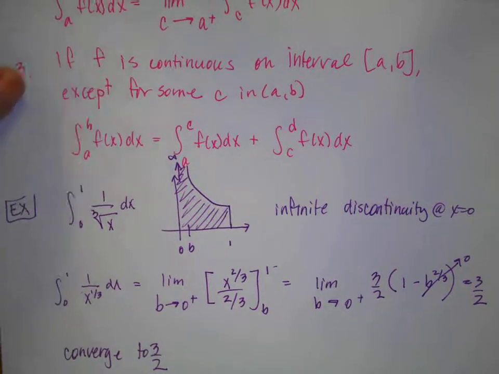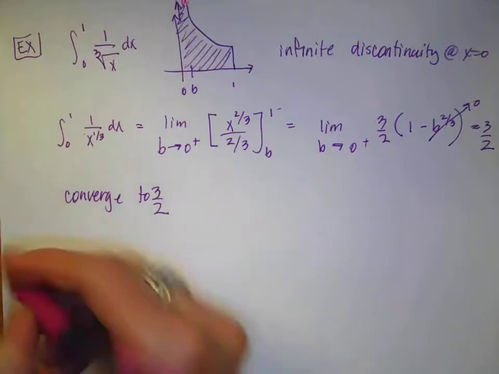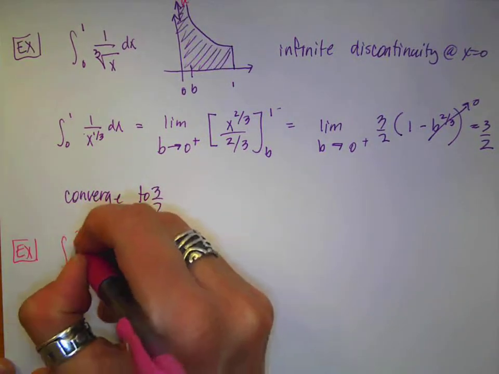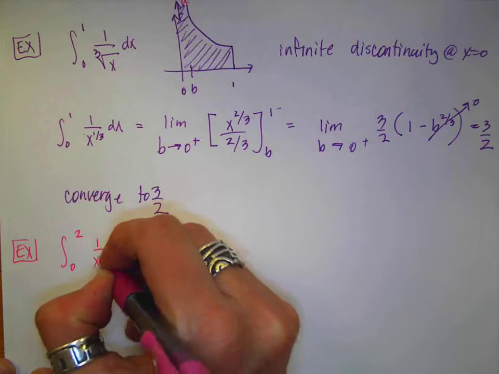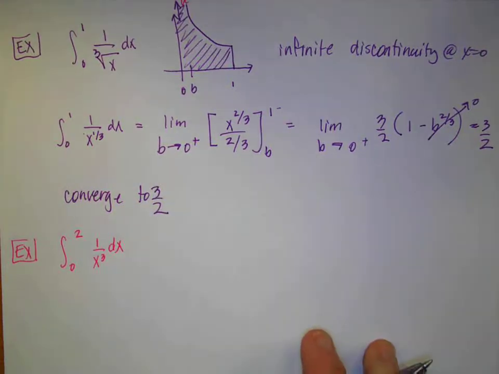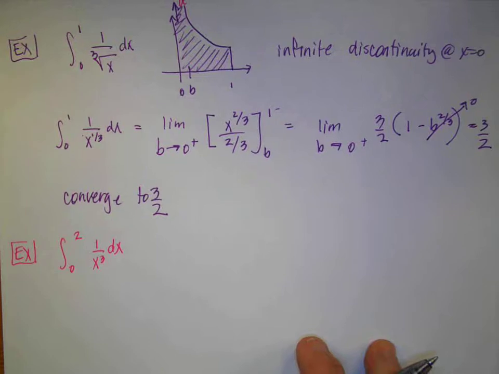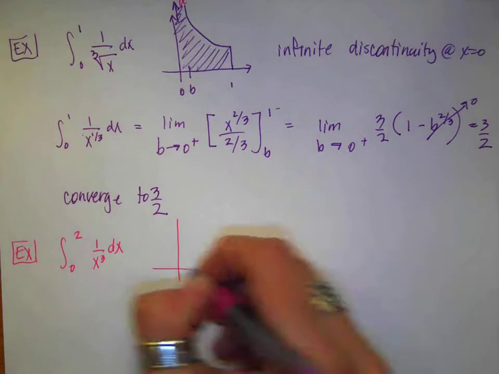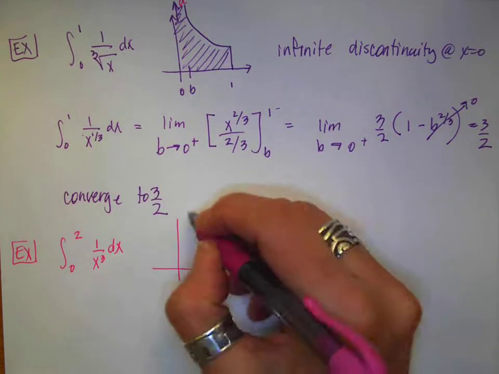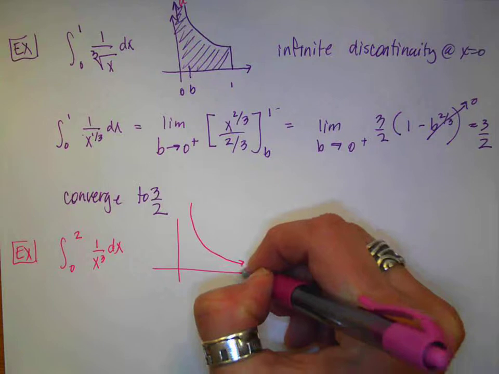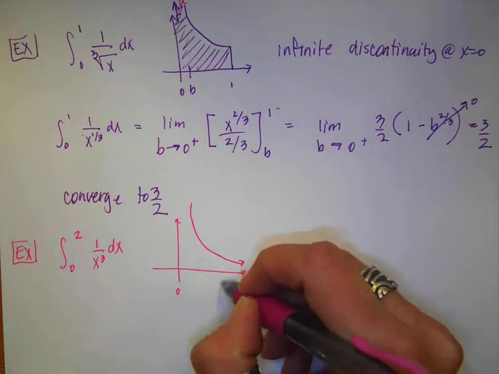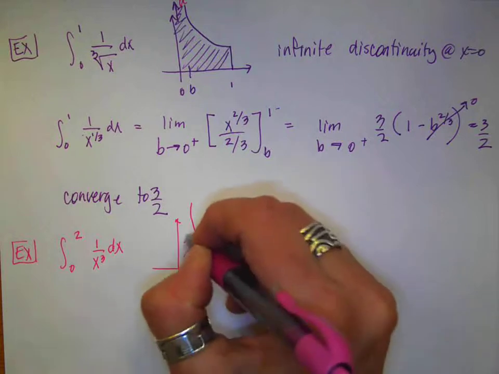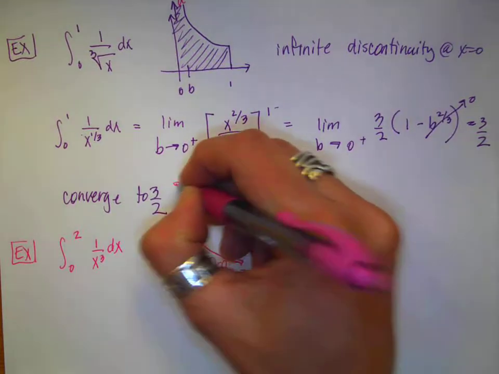Alrighty, we have just a couple more examples, and then, actually I lied, we have 3 more examples, and then we'll be done. The next one, we're going to evaluate the integral from 0 to 2 of 1 over x cubed dx. If we draw our graph and just look at the interval from 0 to 2, it's going to look kind of like this, and here's obviously 0, and this is 2.